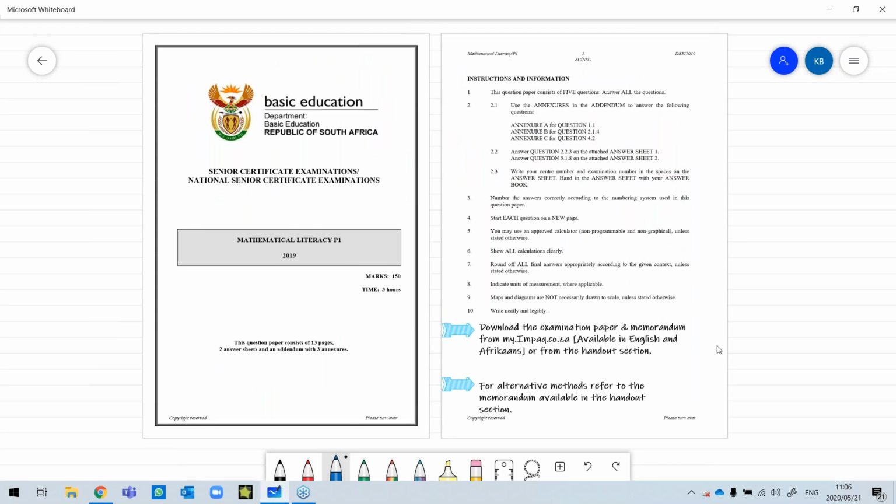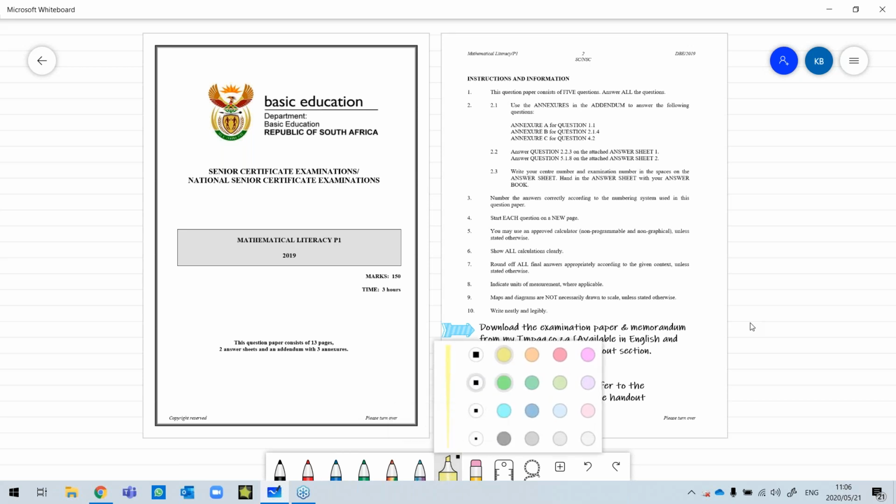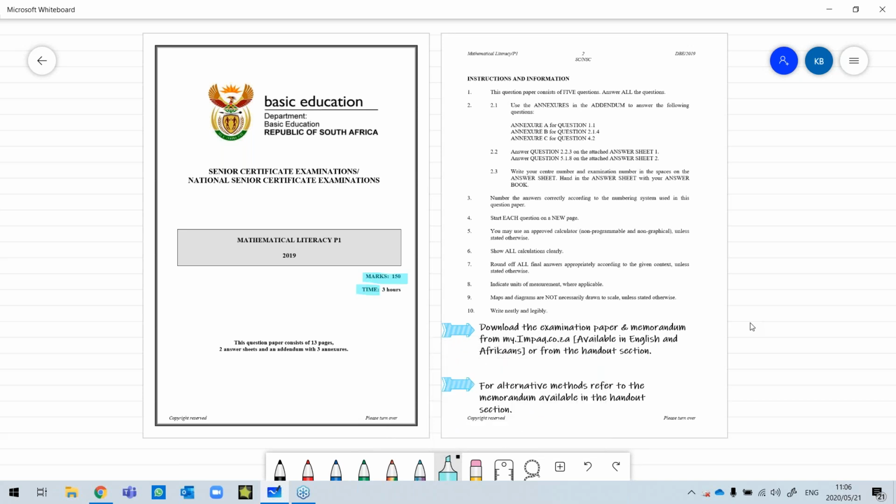Now, for today's discussion, we are going to cover a DBE paper. The reason why I'm not doing an Impact paper from 2019 is that some of the learners that I have already spoken with have already gone through those papers as revision. So I'm using a task work paper that some of you might not have done yet. You will see that this paper counts out of 150 marks and the time allocation is 3 hours.